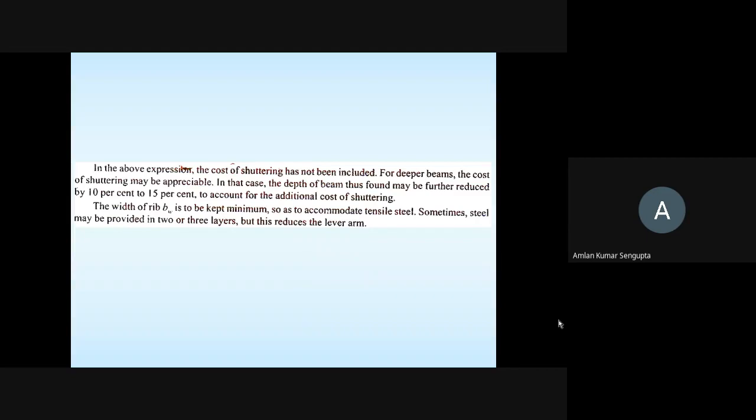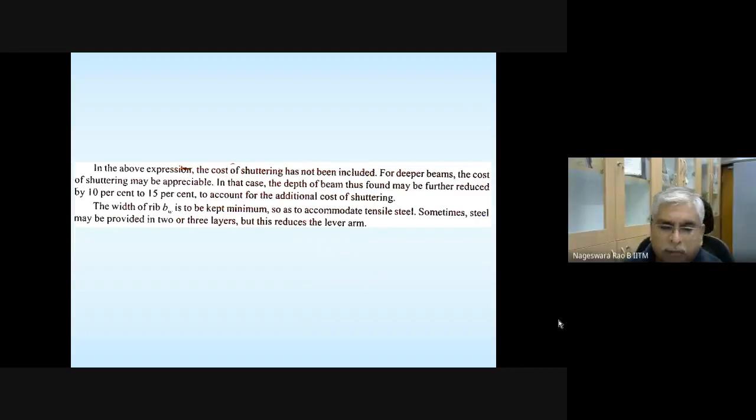Okay. Anyway, this shuttering is going to have some life, in the sense you cannot use the same shuttering after three or four castings. So some significant amount of budget or money is involved in providing this shuttering. Okay, so that's why you need to include the cost as well, 10 to 15%.